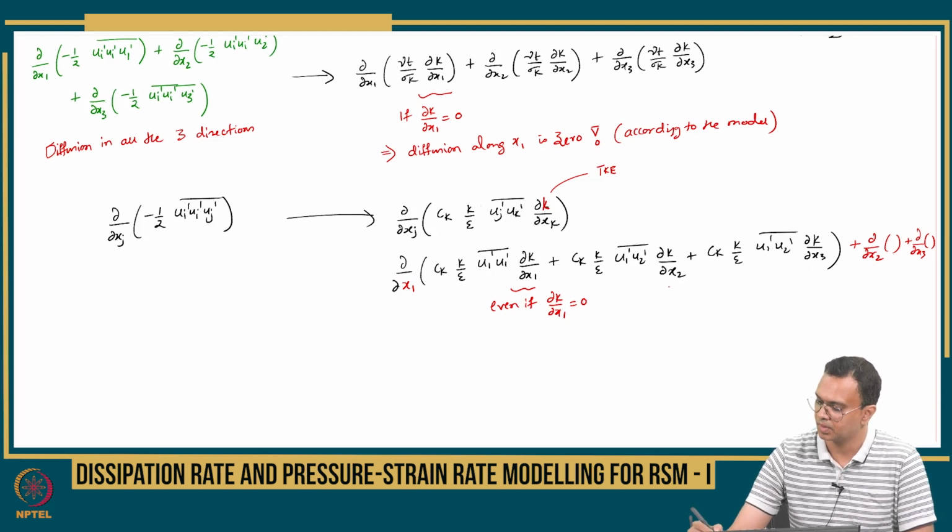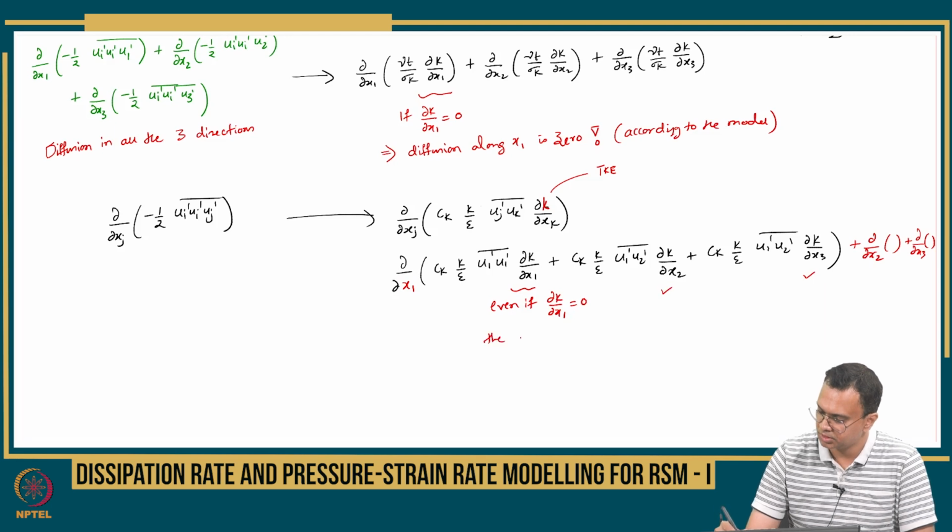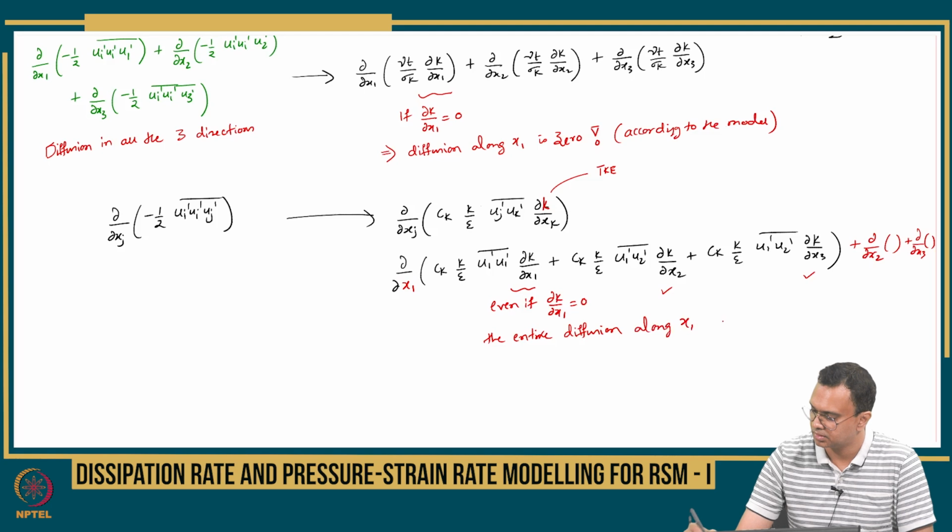These are there to help me, the gradients in the other two directions. Even if dou k by dou x1 is equal to 0, the entire diffusion along the x1 direction is not 0.